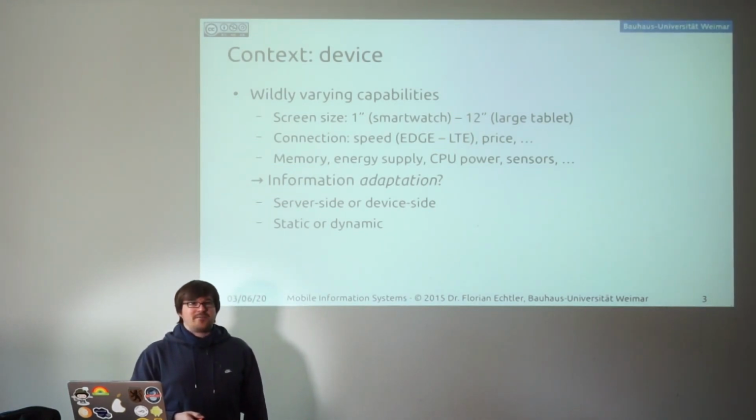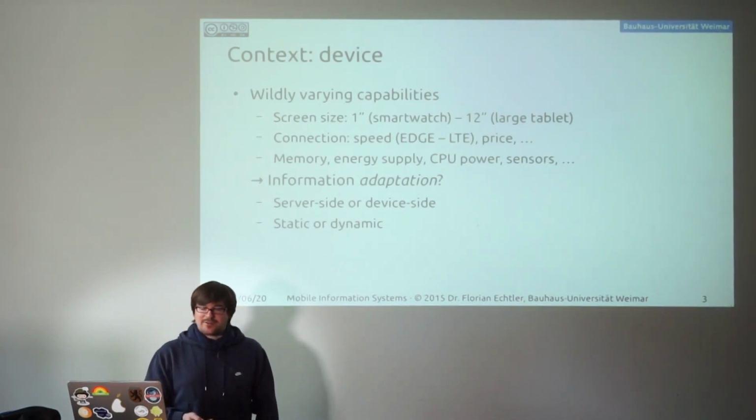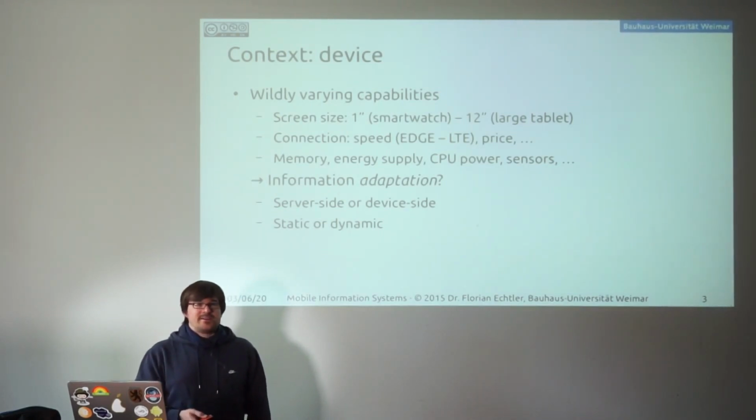You could have basically no connectivity, or you can have LTE. You can have, let's say, half a megabyte of RAM, or you can have like 8 gigabytes of RAM, 8 CPU cores or one. It doesn't really stop there.